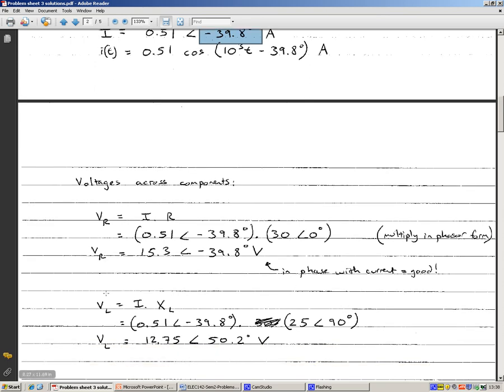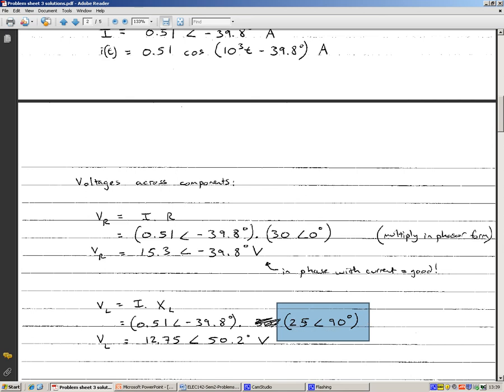So the final part, we're going to calculate the voltage across our inductor. We're using the same principle. The voltage across the inductor is equal to the current flowing through it multiplied by the complex impedance, which this time is the reactance. So we put the value for our current in here, which we had earlier, and multiply it by the reactance of our inductor in phasor form.